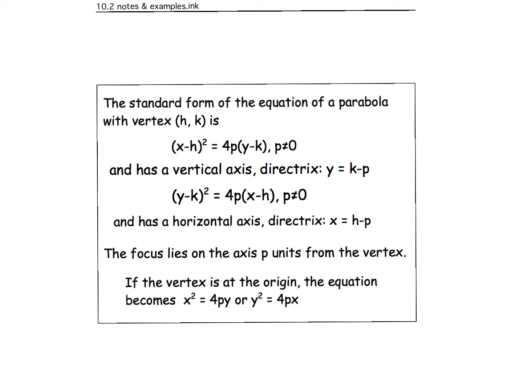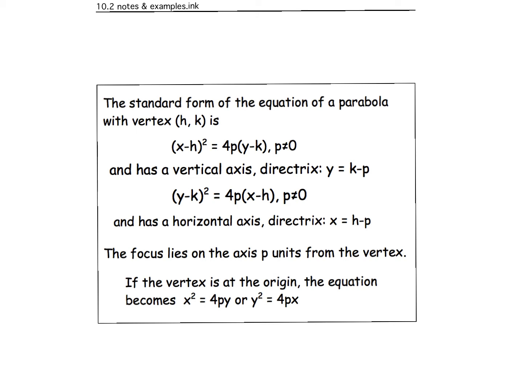So what I mean by that, if our vertex is like 0, 0, for example, and our focus point is 0, 2, that's a vertical shift up 2, right? Which means that we have a vertical line as our axis of symmetry, which means our parabola would be a y equals x squared parabola. Whereas if I had the same exact vertex at 0, 0, and now the focus point has shifted to the right, I would have a parabola with a horizontal axis, and it would resemble an x equals y squared parabola.